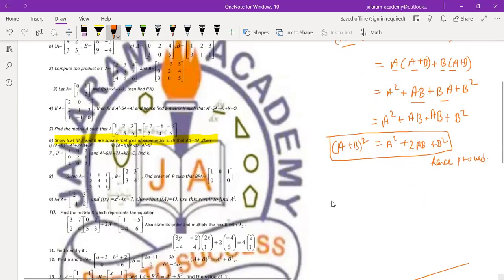Now we will discuss the second question, in which we have to prove (A plus B) into (A minus B) equals A square minus B square.